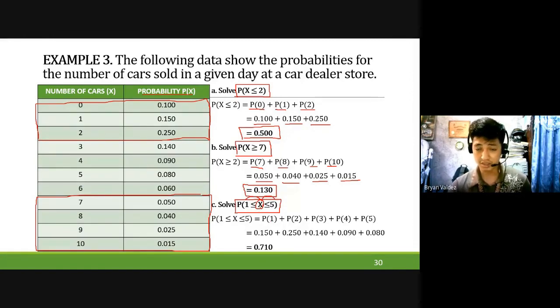So, X should be greater than or equal to 1, but less than or equal to 5. Okay? So, mag-start tayo sa 5. Di ba? Kasi kailangan less than or equal to 5, but greater than or equal to 1. So, 5 tayo. So, ano ba to? 5, 6, 7, 8, 9, 10 o 5, 4, 3, 2, 1, 0?